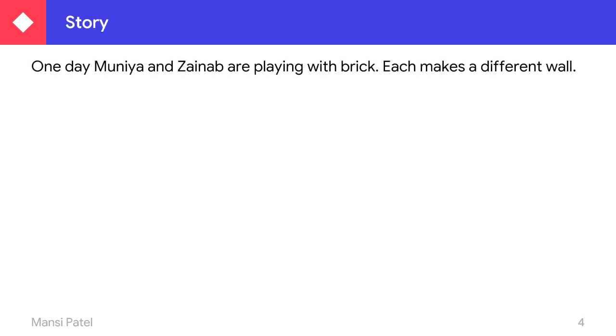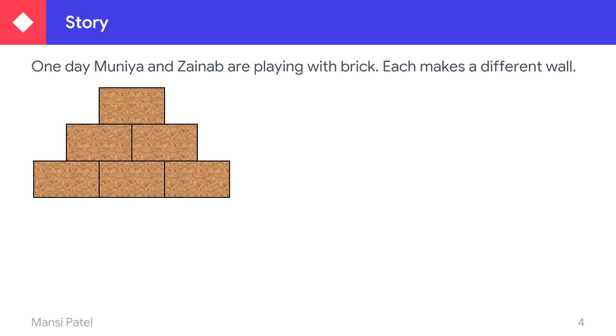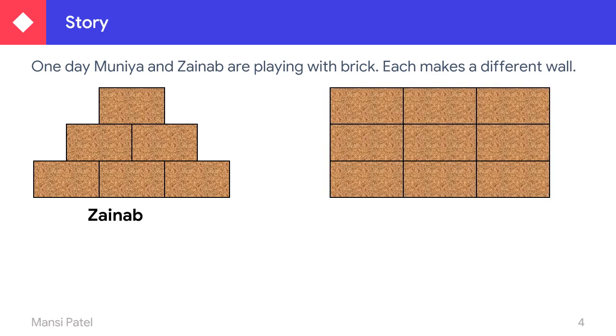See, one day, Munya and Zainab are playing with the bricks. Each makes a different wall. Let us see this wall made by Zainab and the second wall which is made by Munya. Zainab says her wall will not fall easily.